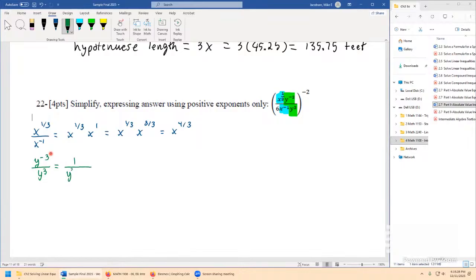So it's 1 over the y cubed that was already there. Then the y cubed by the red dot gets demoted down to the denominator, exponent becomes positive. Just like with x above, we have a base times a base. We just add up the exponents. So this will be y to the power 6. Because it's in the denominator, when we plug it back in, we'll just leave it in the bottom.